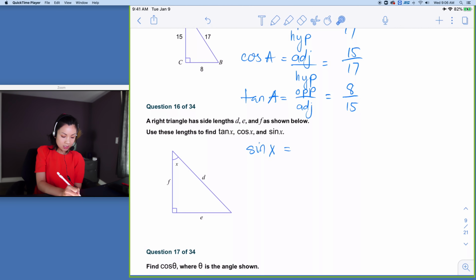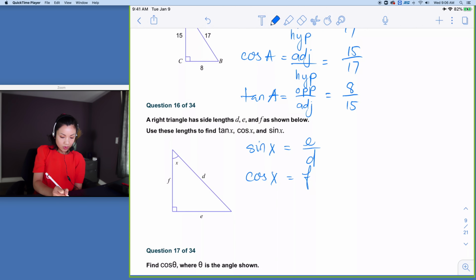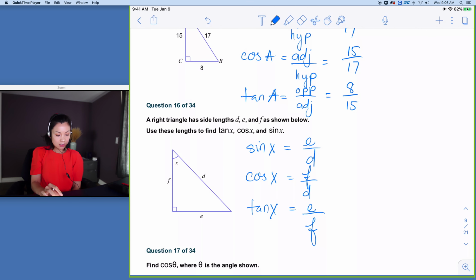Sine of x is opposite over hypotenuse. So it's going to be E over D. Cosine of x is adjacent, which is F over D. And tangent is opposite over adjacent.